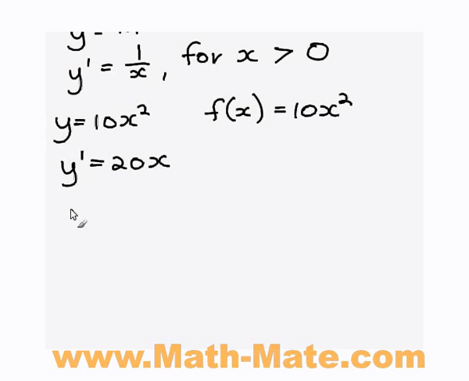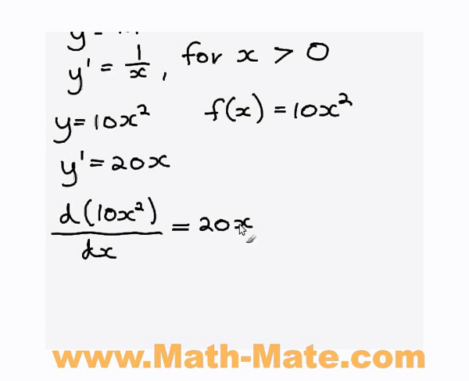However, there's a couple of other ways you can write it. You can use a d on dx sort of symbol, like I'm writing here, and after the top d you put the function which you're differentiating. So in this case the function is 10x squared, that's what we're differentiating, and you write the actual derivative on the right hand side. So that's another way of writing it.